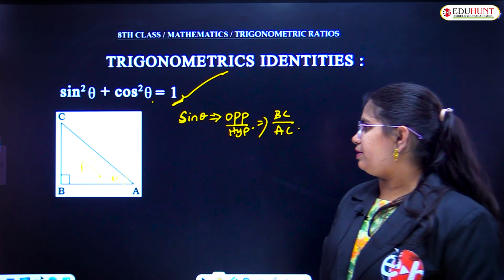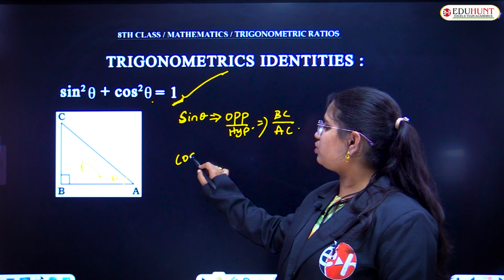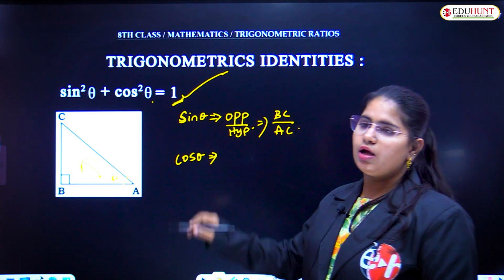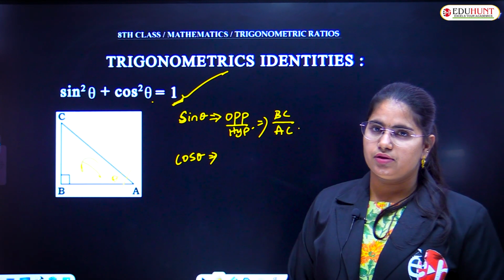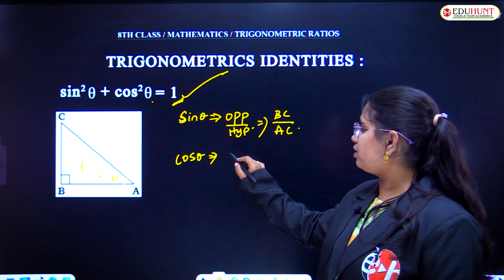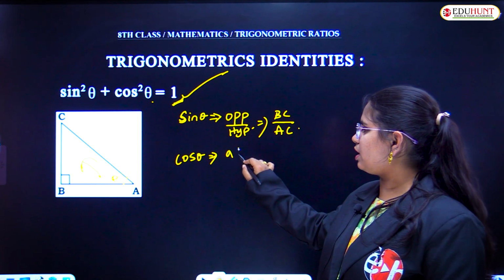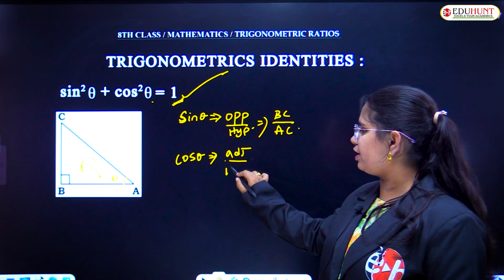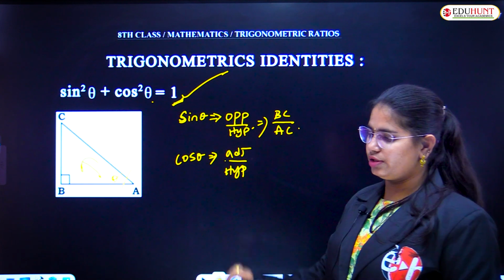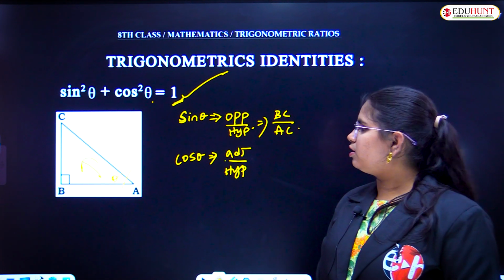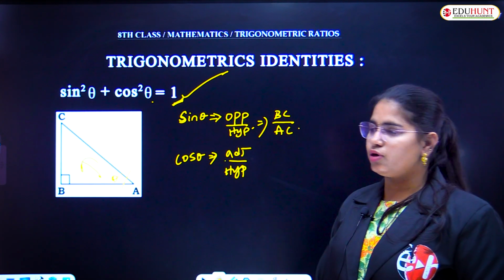Right. So now let me talk about cos theta. How do you define cos theta? We have already learned, right? Cos theta is adjacent upon hypotenuse.